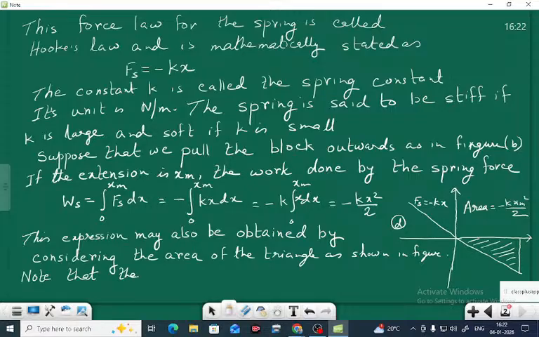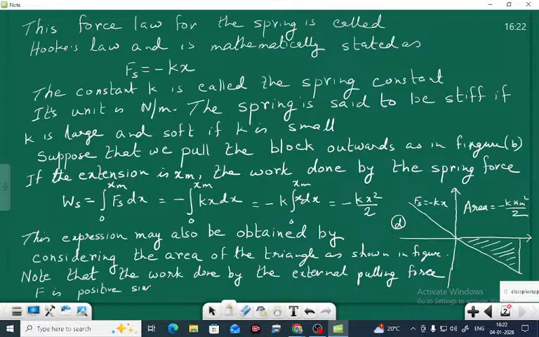Here you can see that the work done by the spring is minus kx squared by 2, and this is the area of this triangle.